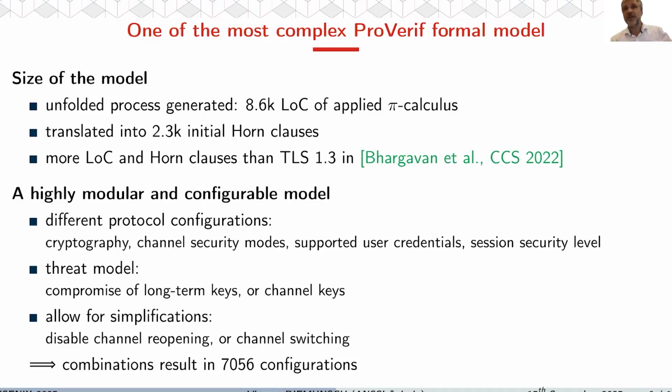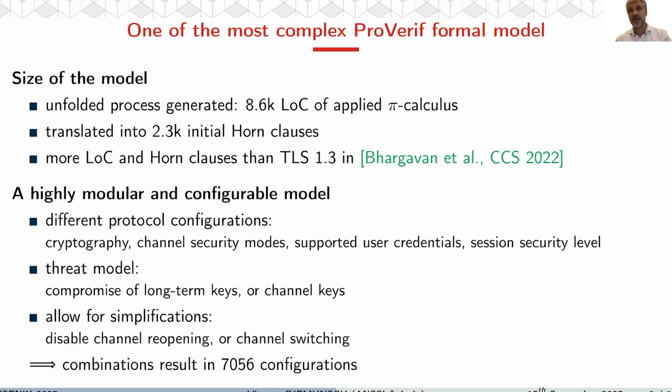Our first idea to mitigate this complexity was to use modularity. The different parts of the model are activated thanks to a configuration. The configuration allows to select the cryptography, either RSA or elliptic curves, and the channel security mode, either only message integrity or both integrity and confidentiality.